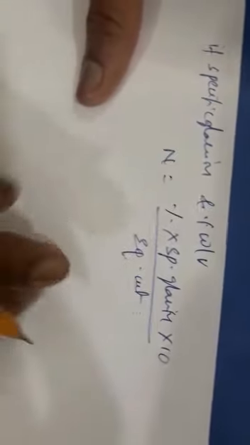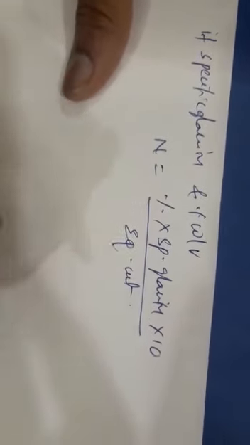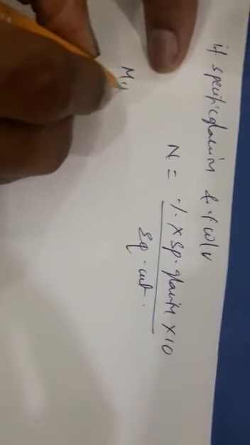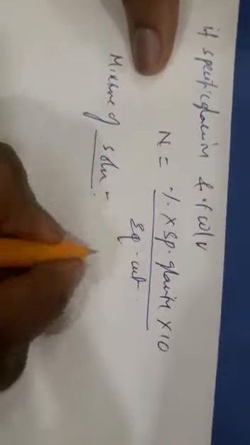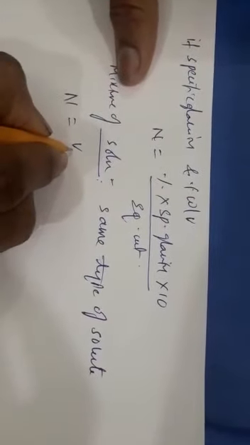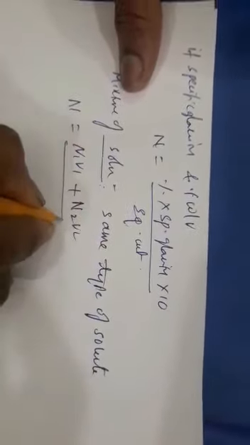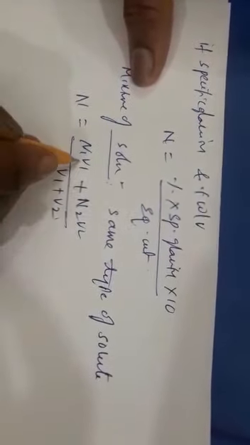For a mixture of solutions having the same type of solute, we use the formula normality is equal to N1V1 plus N2V2 by V1 plus V2, or simply V, where V is equal to V1 plus V2.